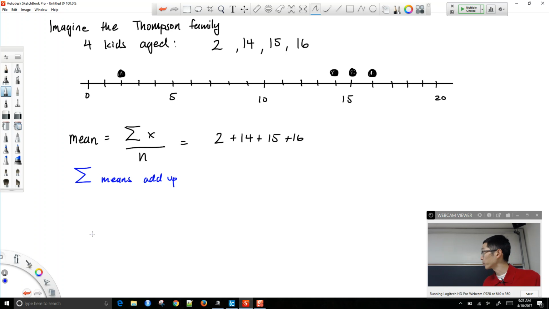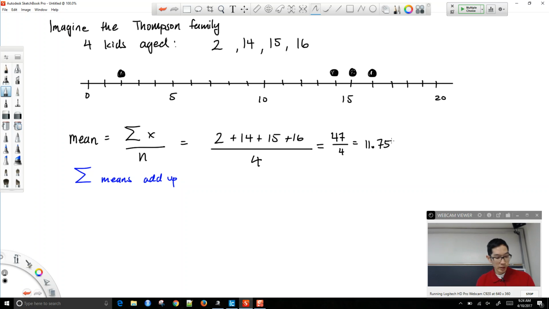Okay. So the Greek letter sigma. It's the Greek letter for S, S as in sum. So this sum just means to add up. Okay, so we add all of these up. We get 47 divided by 4. I get a mean of 11.75.